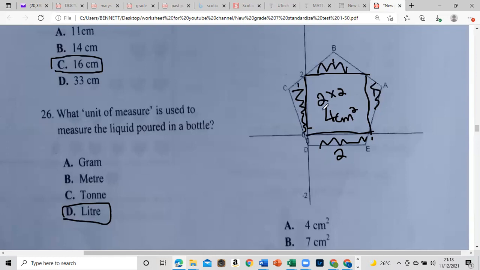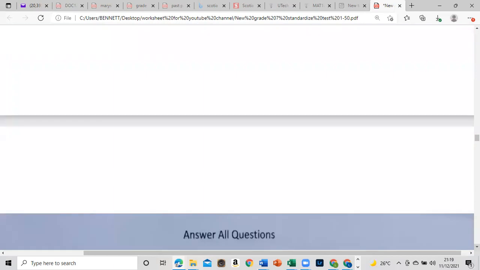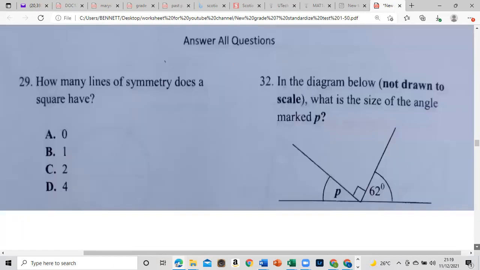So 4, 5, 6, 7, 9, and this one makes 10. So the area would be 10. That's my estimate. And if you have a unique way of working that out, you can share it with me. Definitely leave that in the comment section.